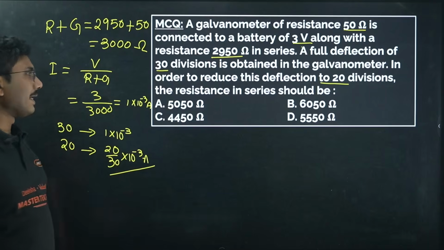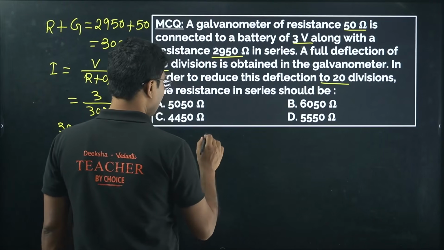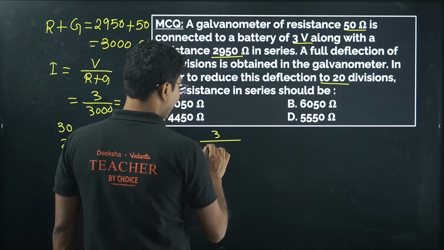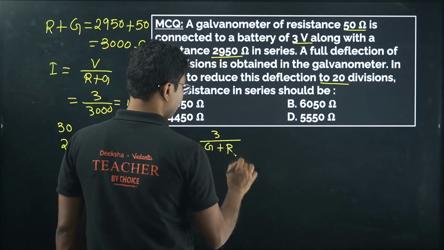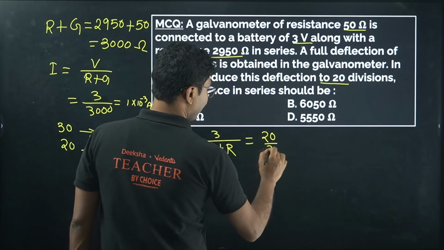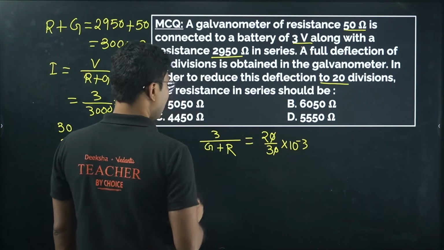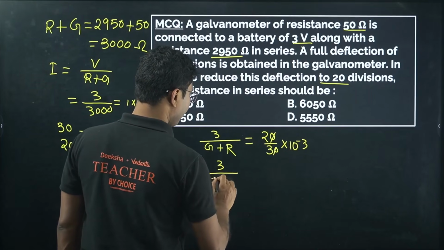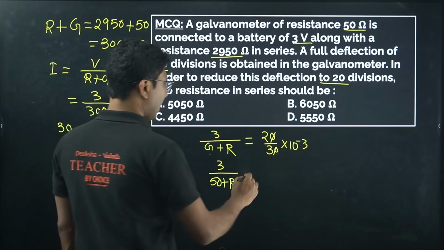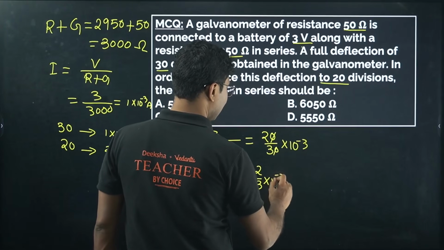So if this is the current, then current should be equal to this, and what is the value of current? 3 volt battery divided by the galvanometer resistance plus the new resistance, and that is equal to 20 by 30 into 10 to the power of minus 3. Obviously 0 cancels. Now 3 by 50 plus R, galvanometer resistance is 50, and that is equal to 2 by 3 into 10 to the power of minus 3.